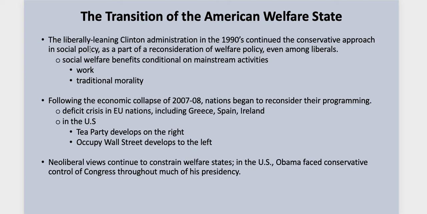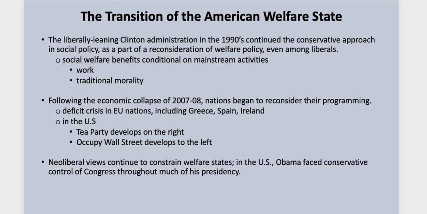And so really the conservative approach in social policy continued to strengthen, I think, during this time, and even many liberals, such as Clinton and other thinkers, began to recognize the need to walk more of a middle line.